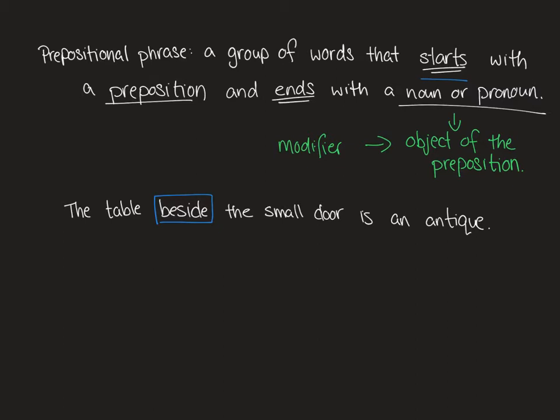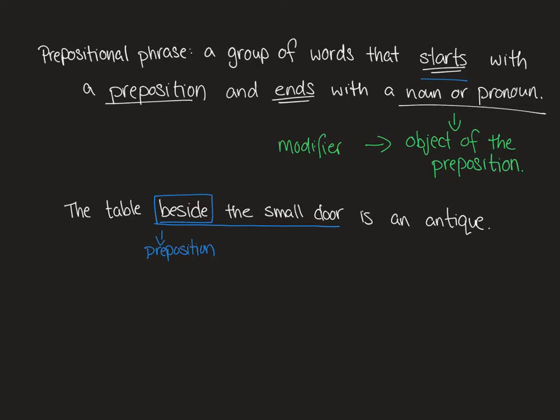Now, we have a few different nouns here. We have table, we have door, and we have antique, but we're looking for beside. It's beside what? Beside the door. We're just going to go to the next noun. So I'm going to underline in blue. This is our prepositional phrase.